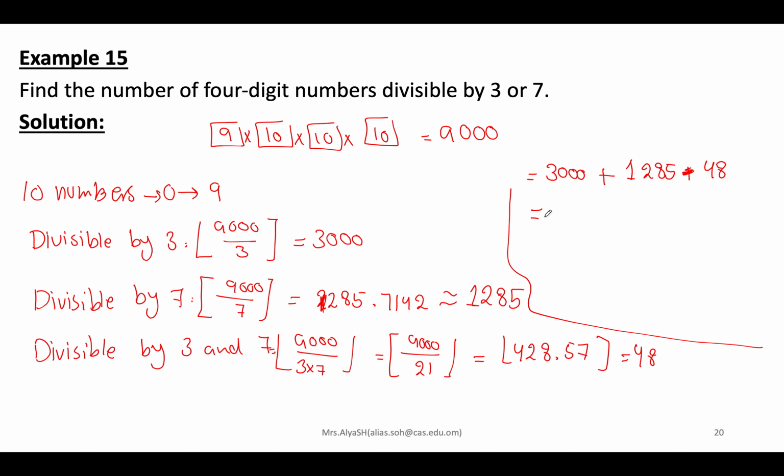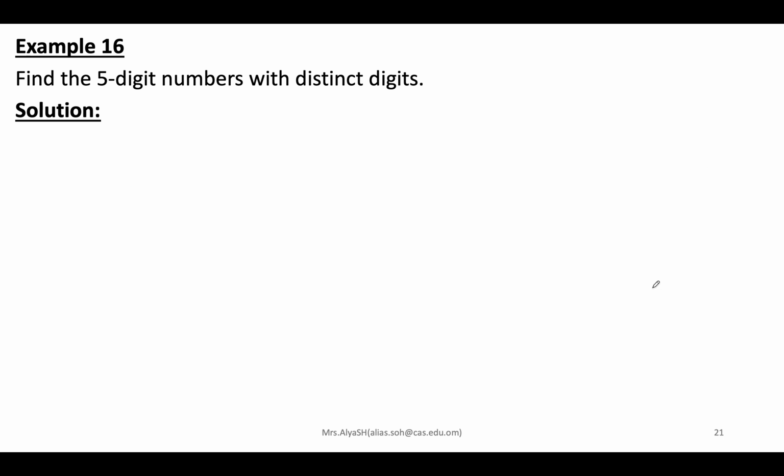So here we got that there are 3,857 numbers divisible by 3 or 7. Alright, now let's move to the next example we have.